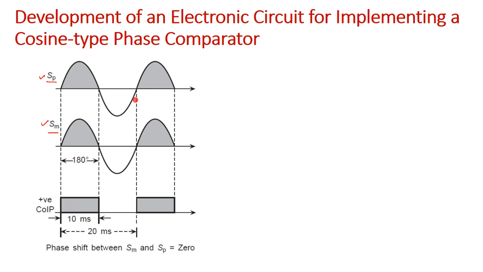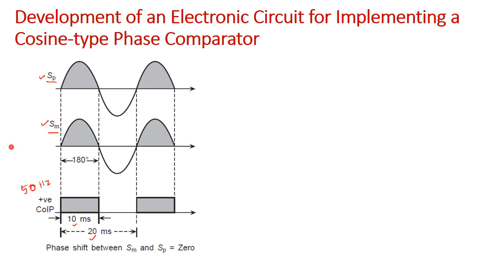If both are sinusoidal, then it is very easy to find the coincidence period. This is the phase angle in degrees. To find the coincidence period for a 50 Hertz signal, what will be the time period? The time period will be 20 millisecond, and half of the signal will be 10 millisecond.